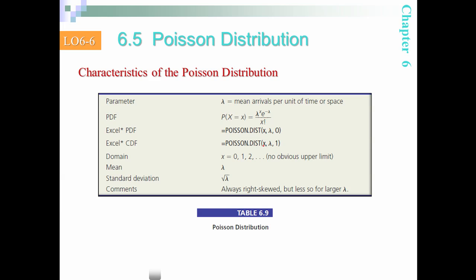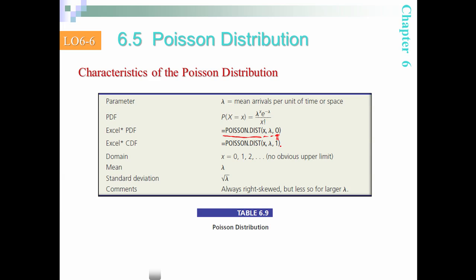And the CDF is just the summation of that, so we're not going to write it out. But the PDF and the CDF can both be found in Excel using the function Poisson.dist, where you put in x, you put in lambda, and the only difference between these two is whether it's cumulative or non-cumulative.